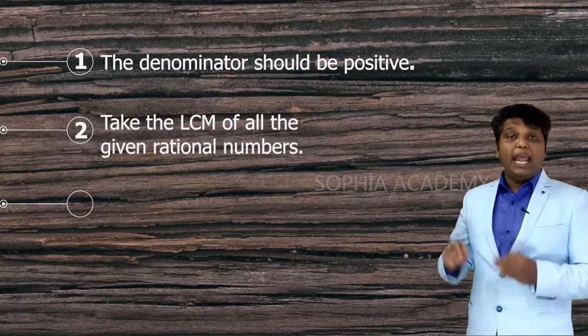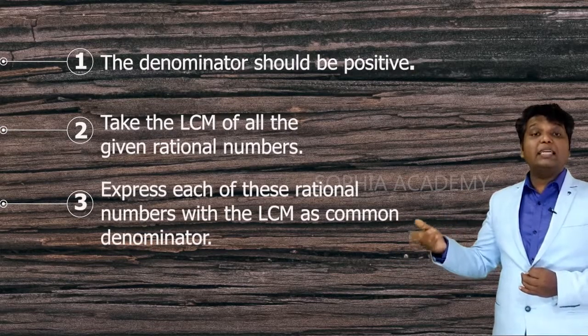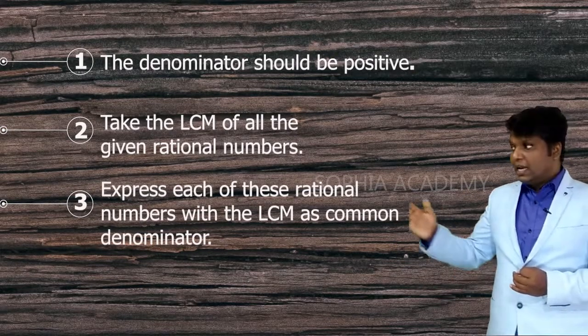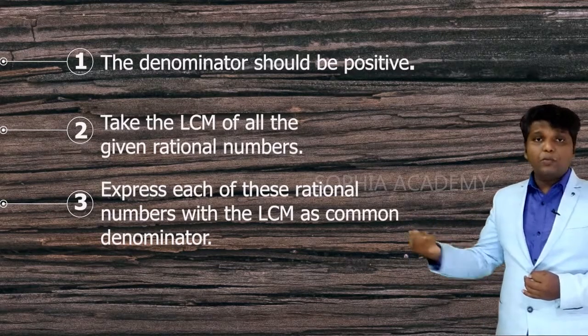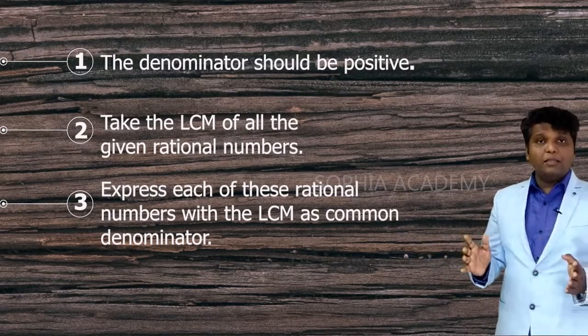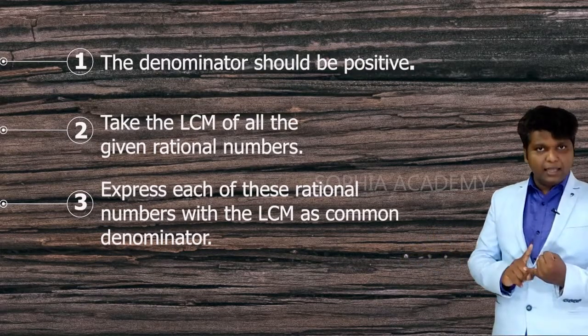Third point, express each of these rational numbers with the LCM as the common denominator. Now you can see, if we are taking 3 or 4, at least 2 rational numbers, the denominators may be different, right? If they are different, you have to find the LCM.